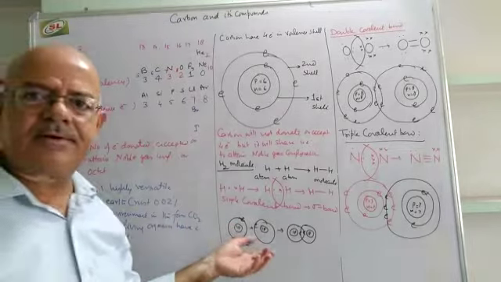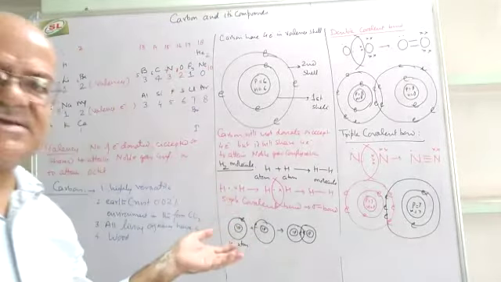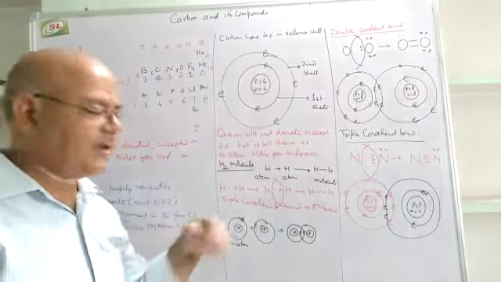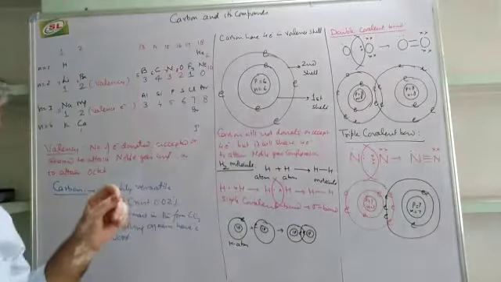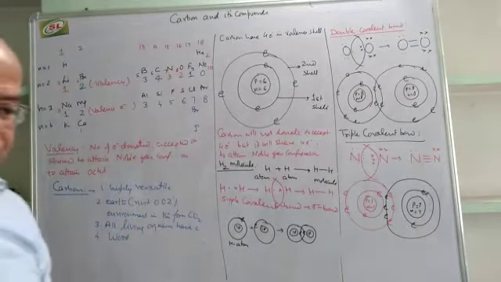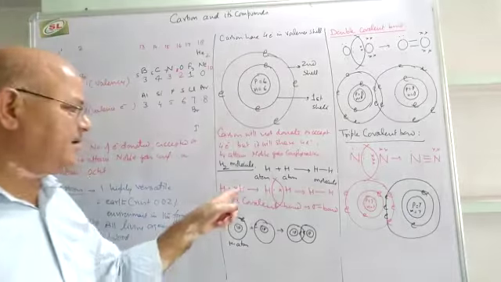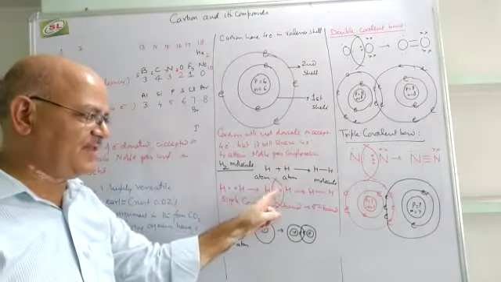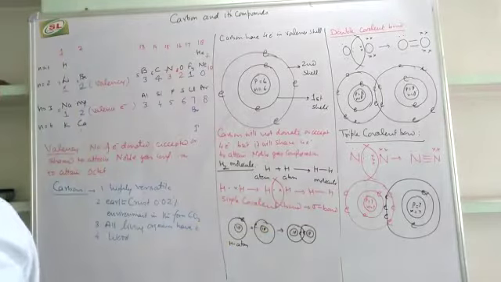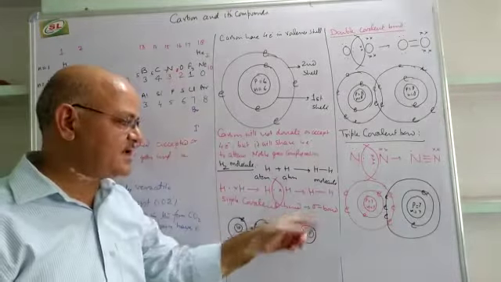Atoms are unstable, so for stabilization, they combine together. Hydrogen has only 1 electron in the valence shell. To attain the noble gas configuration, 1 electron is shared between them. As a result, a single covalent bond will form. That is also known as a sigma bond.